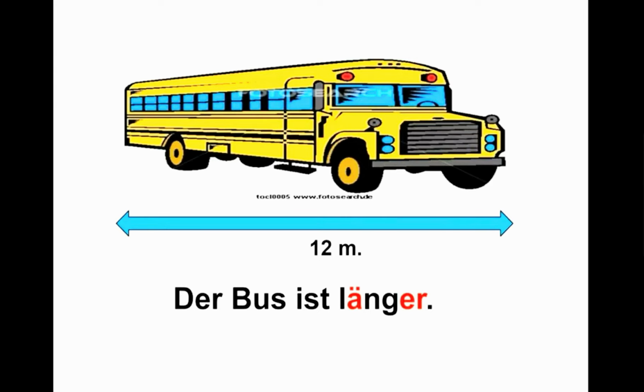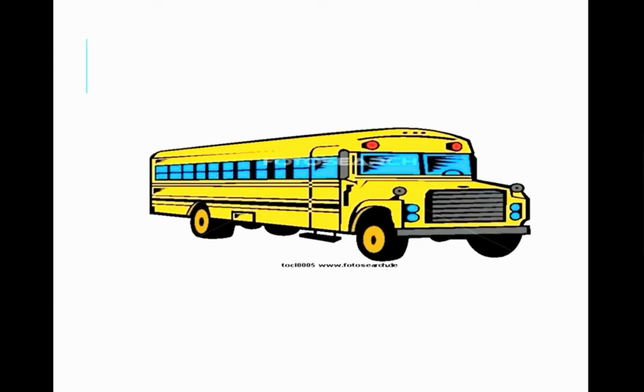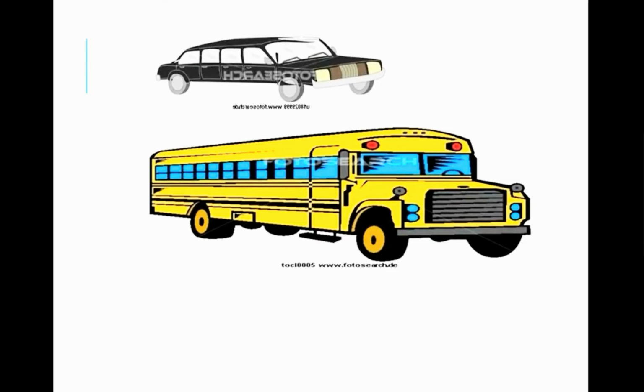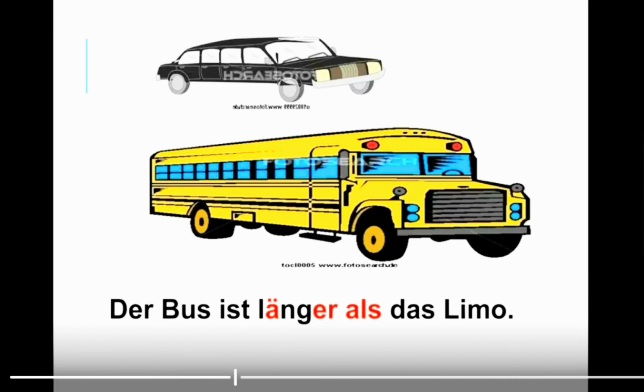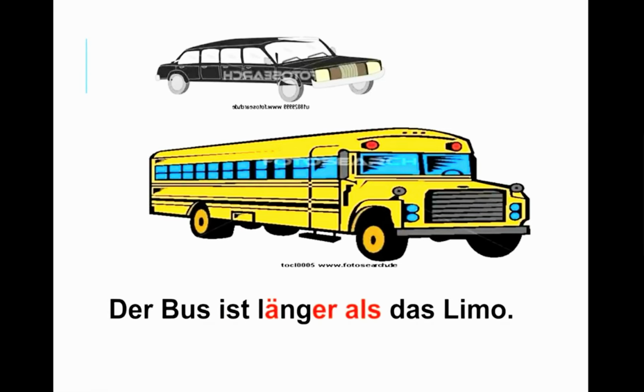It is 12 meter. Now, can we compare both? Can you make a sentence for comparing? Der Bus ist länger als das Limo. Sehr gut. Okay, understood? So one thing is greater or lesser than the other. Then we compare them, and for comparing, we use comparative plus als.